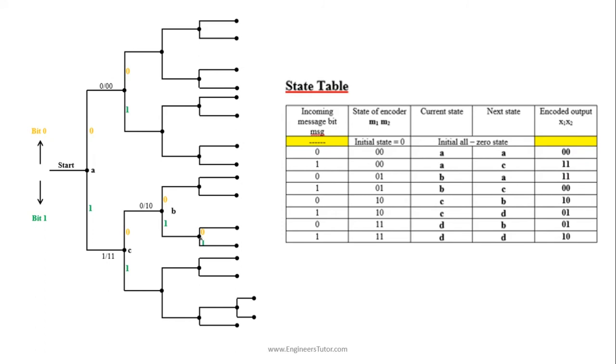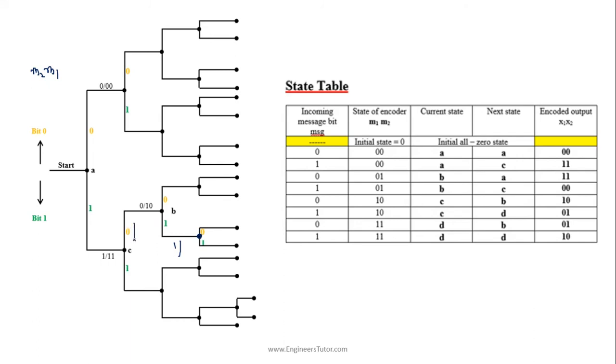To have better understanding, we will consider two more cases. Suppose we want to find the state of the encoder at this node. So here the incoming bit is 1, and we have to find M1 and M2. So here the incoming bit is 1, so we have to look left side.